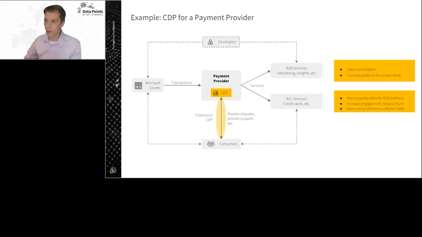And they can also provide an extended range of B2C services, such as issue credit cards for consumers on behalf of their business partners, which will increase customer engagement, can reduce churn, and can help to collect more comprehensive customer data. And in this case, the role of CDP is basically much greater than just supporting interactions with consumers directly. In this case, they basically will be using the CDP to support these different types of services, both B2B and B2C type of services.